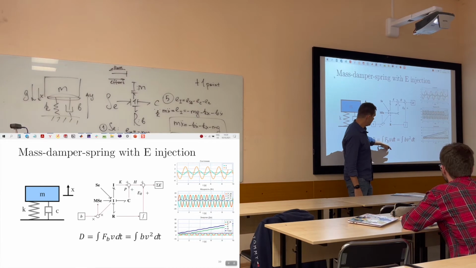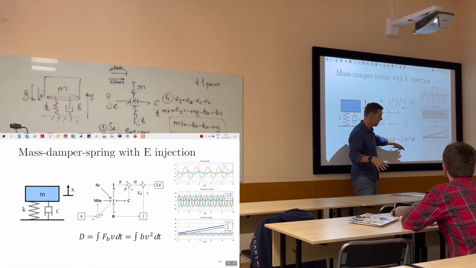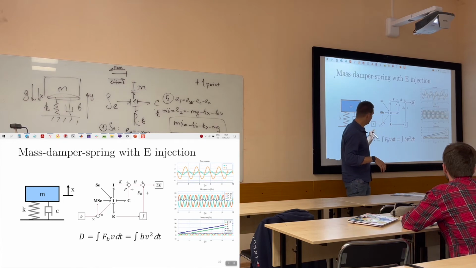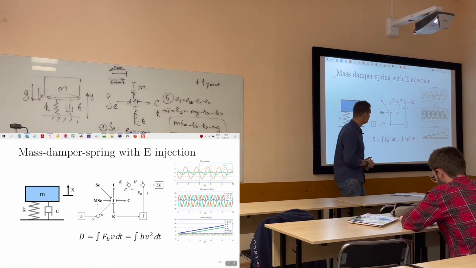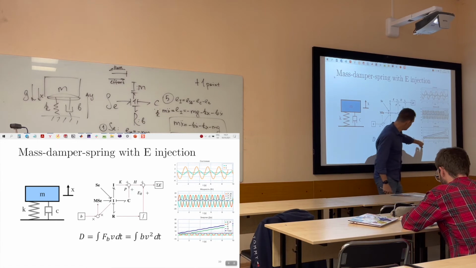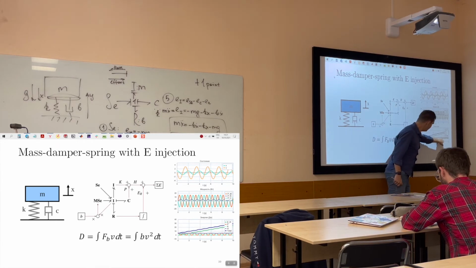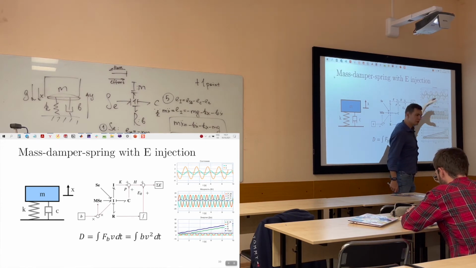So we can calculate how much energy we spend on the friction and the damping, and we can send exactly the same energy to just compensate all the energy that we lost. And here we can see that the Hamiltonian, the violet one, is a constant line, the sum of the kinetic and potential energies, and that the amplitude is constant.